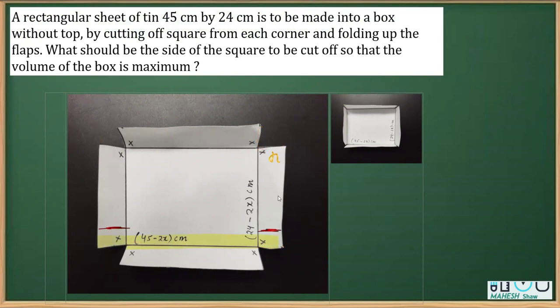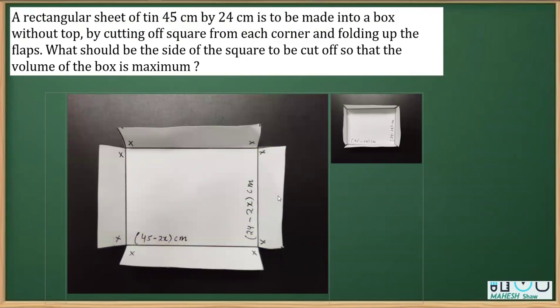Therefore, the effective length of this cuboid is 45 minus 2x, and so the effective width will be 24 minus 2x, because the original width was 24, and we are trimming x from this side and x from this side.